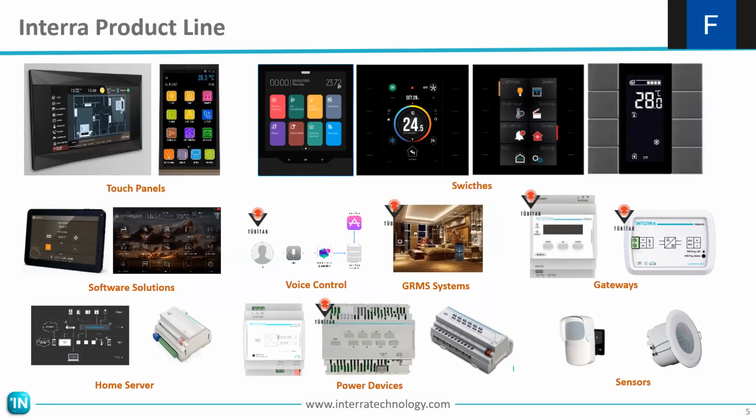In our building automation product line, we have touch panels, switches like this, software solutions, guest room management systems for hotels, gateways like DALI, IR, AC, home server, power devices like power supply, dimming units, relay devices, and sensors.